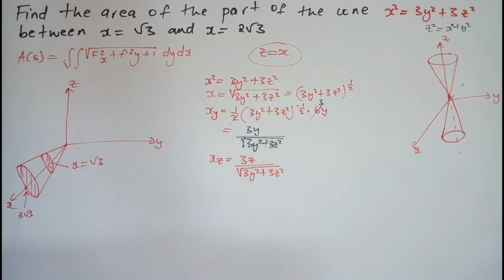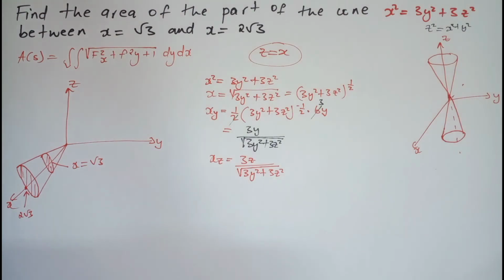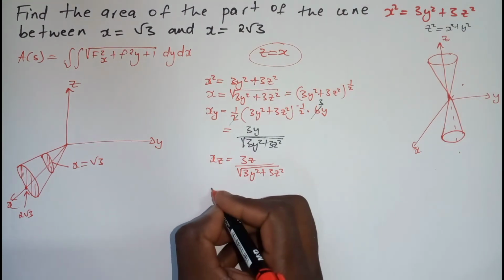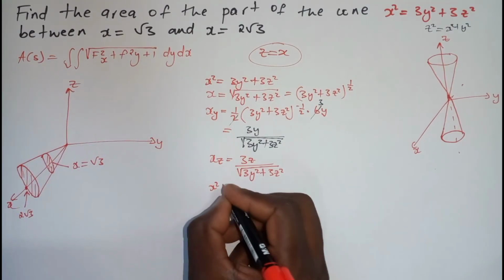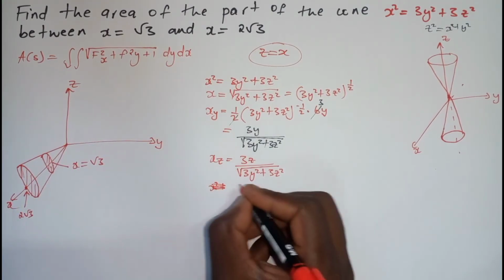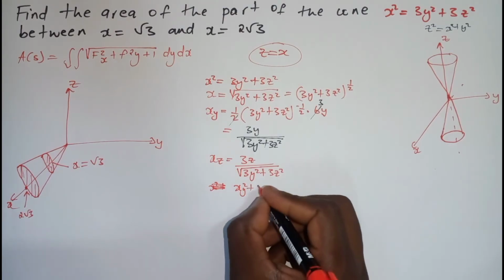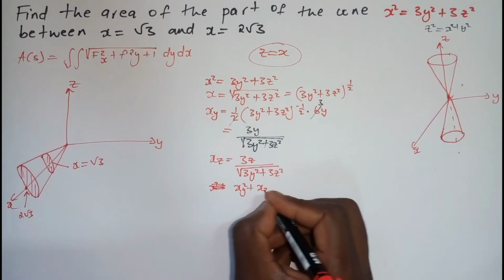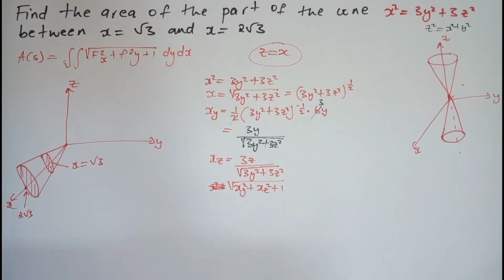Okay, like this. So now we've done that part. So now let's go to x squared plus xy squared plus xz squared plus 1, all under the square root.